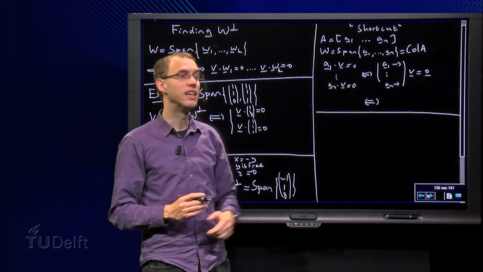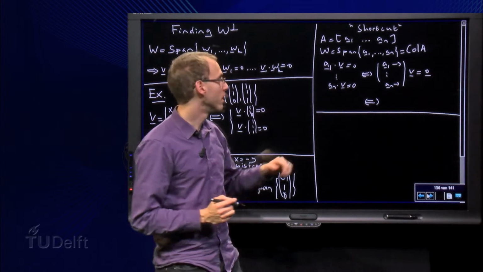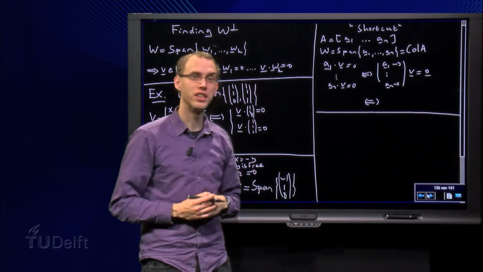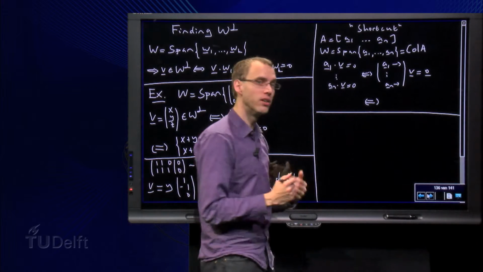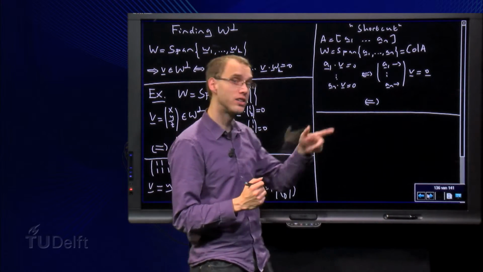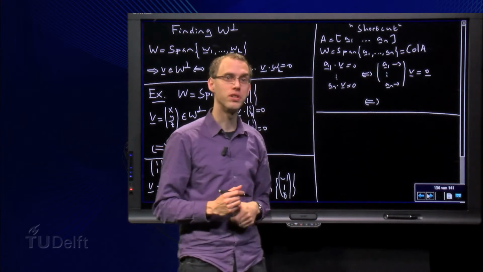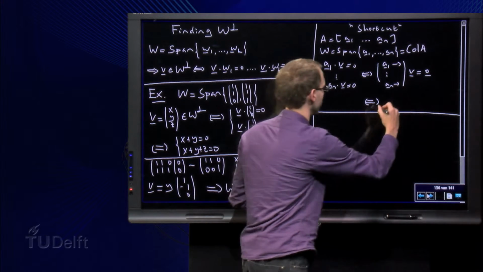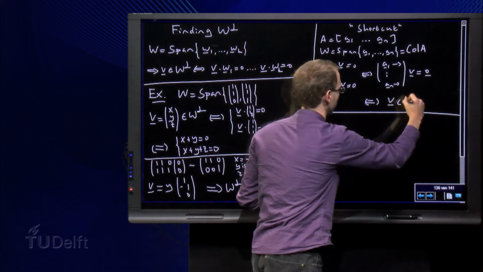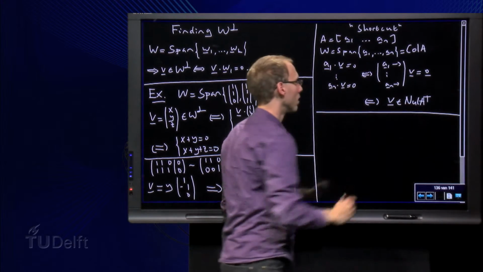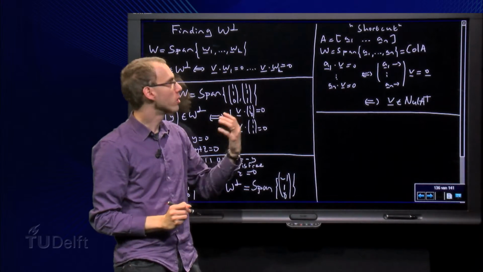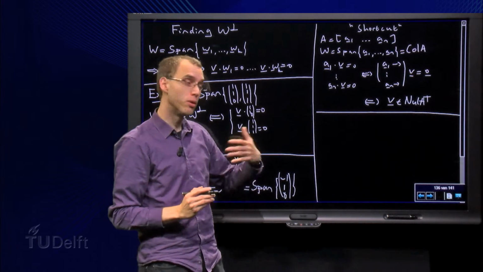So v is in W perp if it satisfies this matrix equation, or in other words, if v is in the null space of A transpose, because you have to put them as rows. So that's kind of a shortcut way to determine W perp.